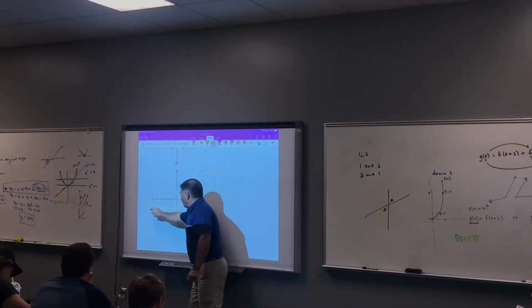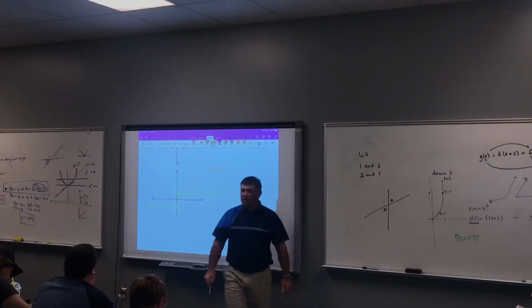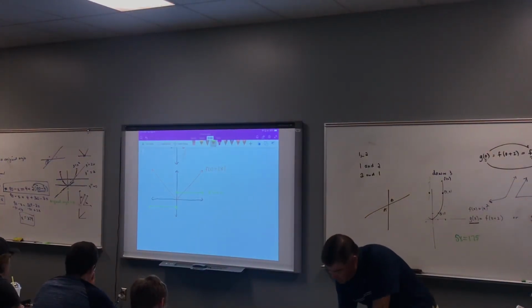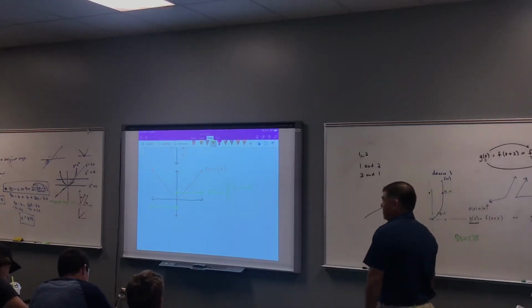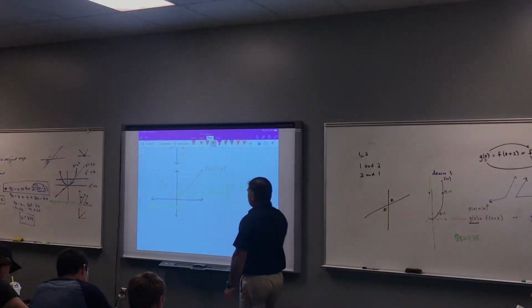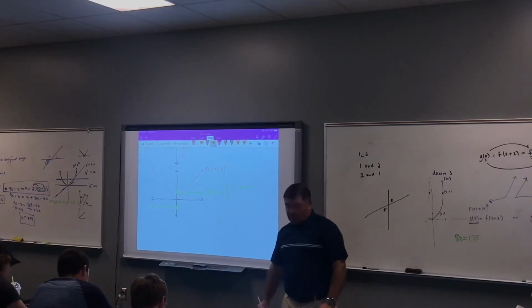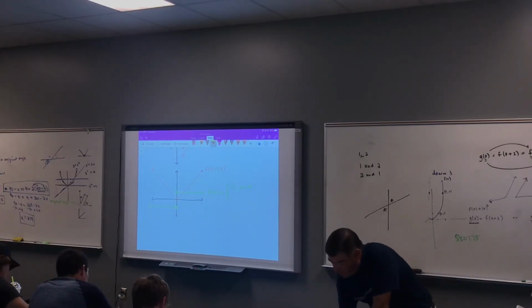Well, what's the equation of that line? -1. So this is a piecewise function where we're -1 when x is less than 0. Okay. When x is greater than 0, what's the equation of our line? 1. When x is larger than 0.